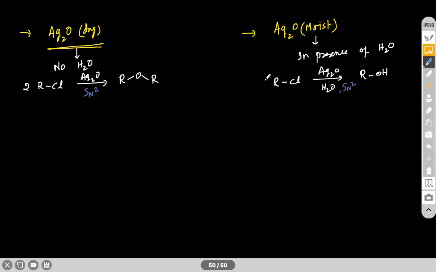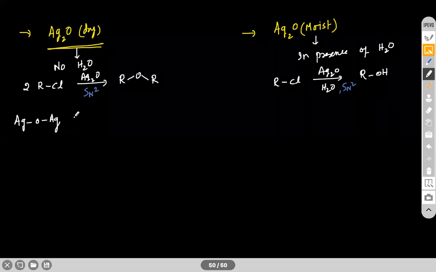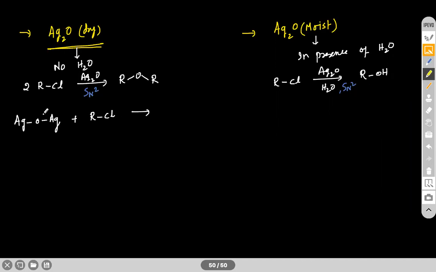Means in halogen derivatives, what all reactions are SN2 reactions. So what happens, you see, we have Ag2O, right? So the molecule is this. And this is allowed to react with the alkyl chloride, this is RCl. The lone pair attacks onto this alkyl group and Cl minus goes out. So you'll get AgO(R)Ag plus and Cl minus.